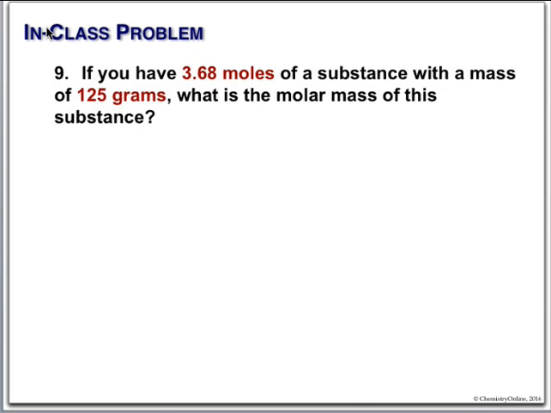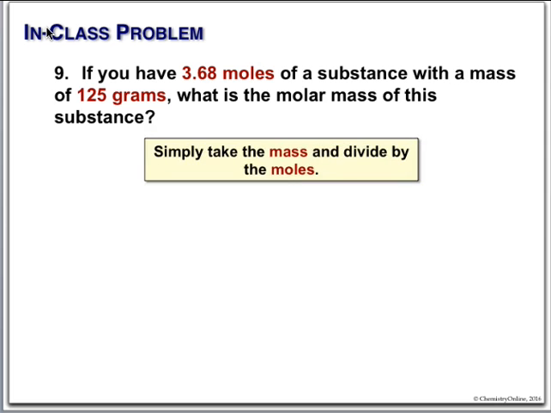All right, once again, we are calculating a molar mass. Again, we have so many moles, and we have so many grams. Remember, molar mass is simply grams per mole. So we're going to take our mass of 125 grams, divided by our number of moles, and that will be our molar mass.